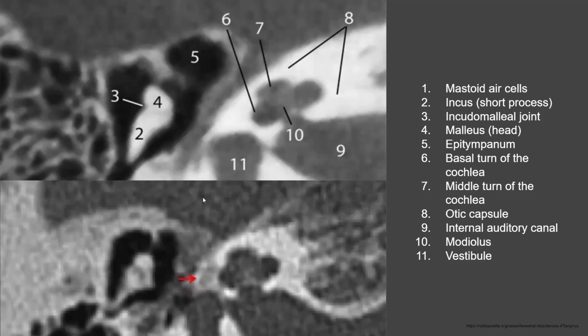Here's another anatomic pathologic correlation. We talked about this otic capsule surrounding these inner ear structures, and you notice the bone is very, very dense, and that's a normal situation. What about this small red arrow here? It's pointing to an area of bone that is not as dense. When it becomes a little more lucent, that's actually a pathologic process.